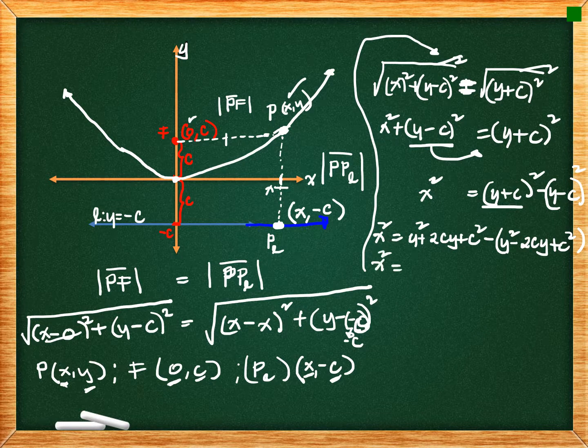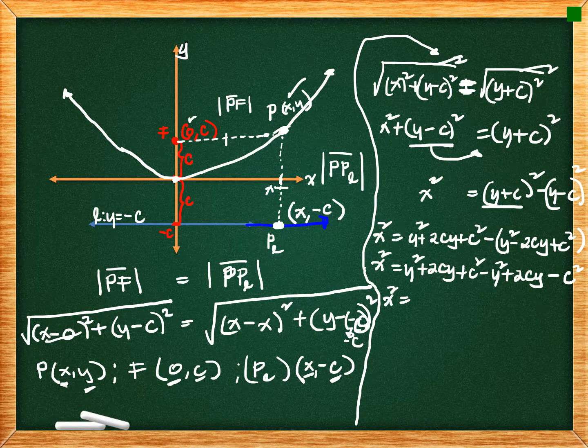And so we have now y squared plus 2cy plus c squared minus y squared plus 2cy minus c squared. Okay, and then this c squared and minus c squared can be deleted. That's equal to 0.